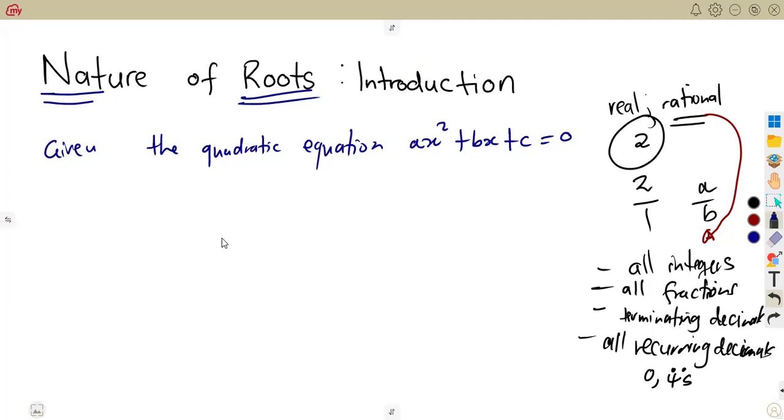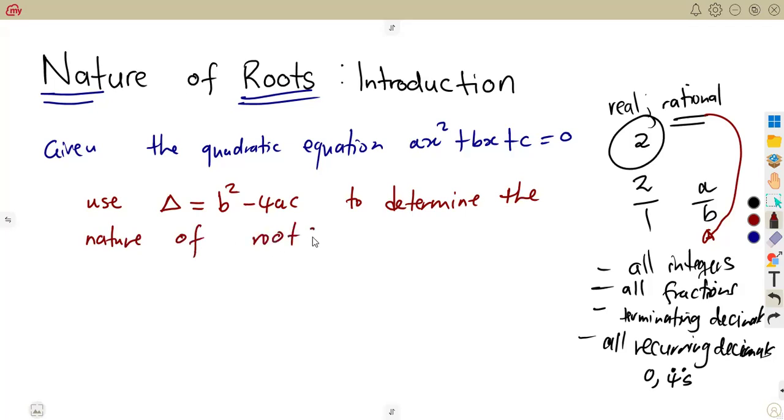So I'm going to say, given this equation, use the discriminant or delta. This part here is referred to as the discriminant or delta, which is equal to b squared minus 4ac, to determine the nature of roots.